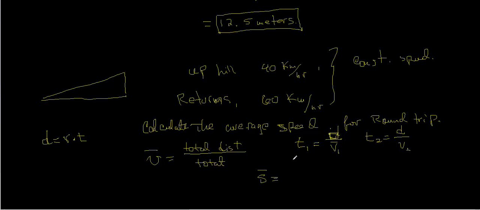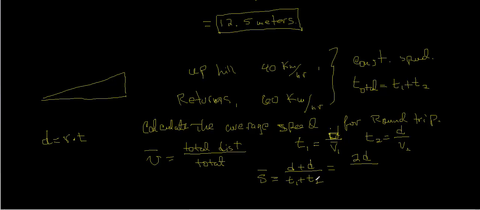Now, of course, you go up, that's d, and then you come back down, that's the same distance, so that's another d, and then the total time would be t1 plus t2, right? So total time equals t1 plus t2.